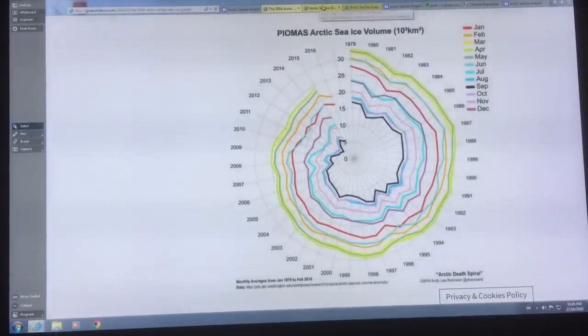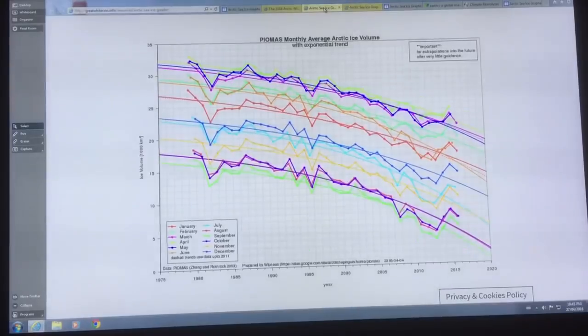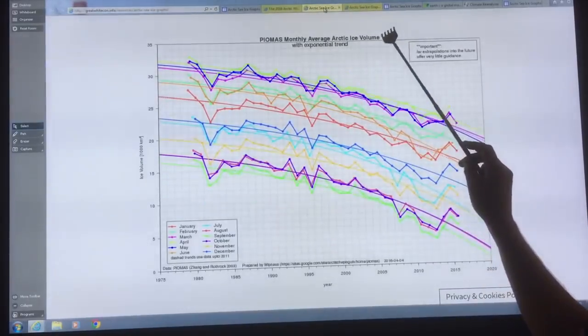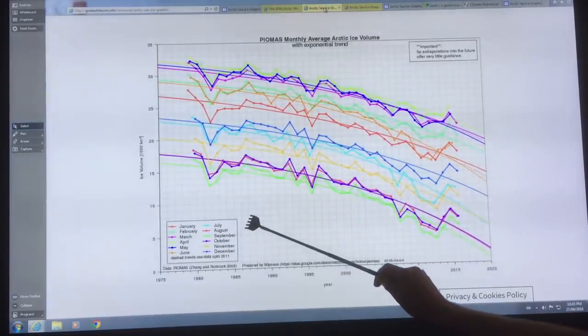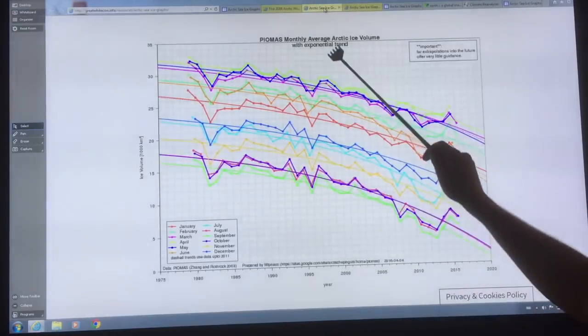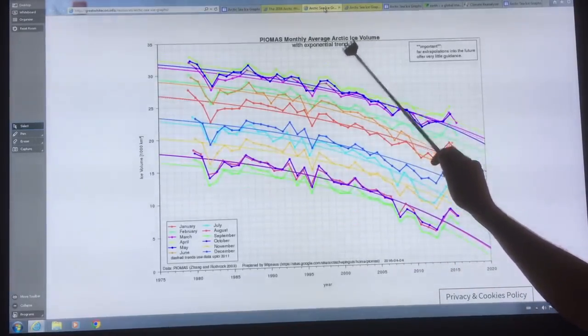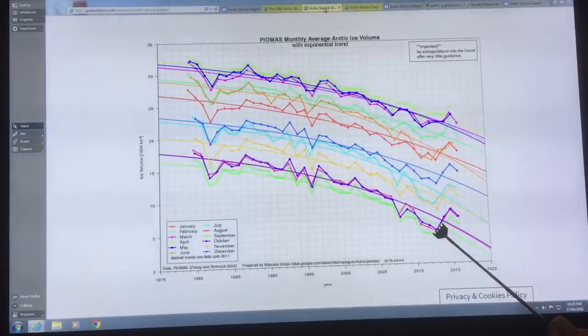If we display this data in a different format, what we have is the Arctic ice volume fitted to an exponential curve, and again it's for each different month. So this is the average ice volume in a given month. This would be the average in September, the lowest curve.